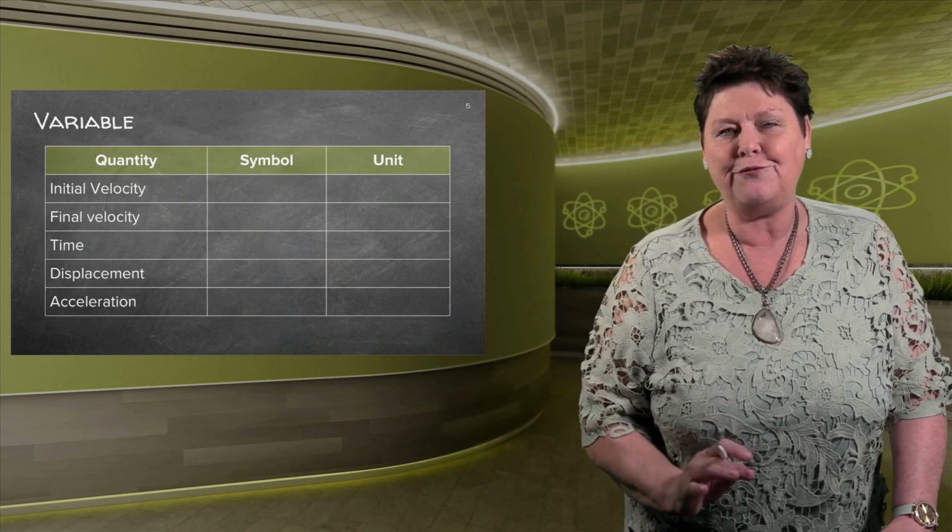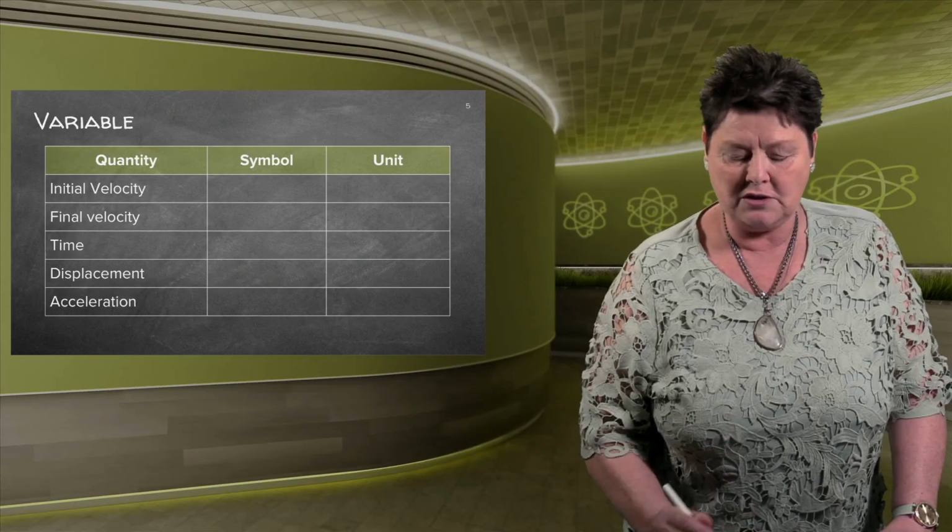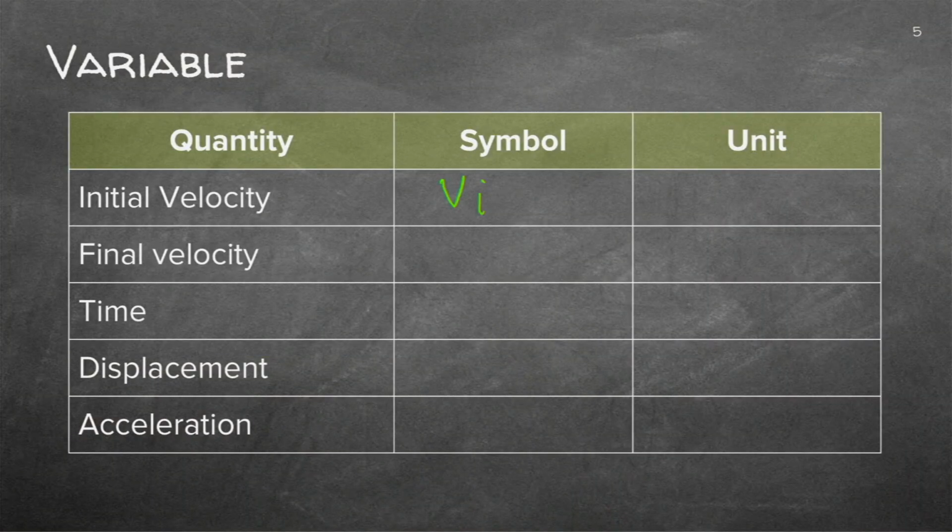We will signify values with certain symbols. We said initial velocity. We said final velocity. We said time, which is usually a change in time. Therefore, we use delta. We've got the displacement, which will be x. And please remind yourself, x will mean in the horizontal direction. And then finally, acceleration.